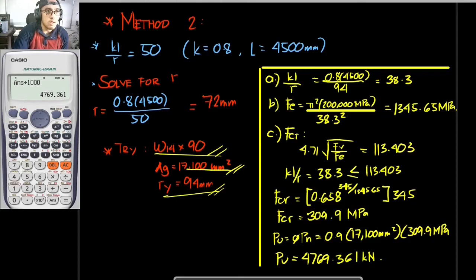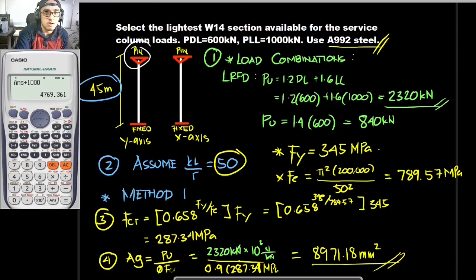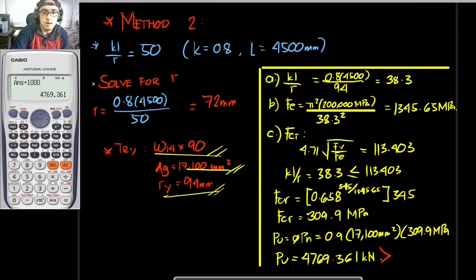If we compare this to our factored load, I'd guess it is way bigger than our load combination of 2,320 kilonewtons.